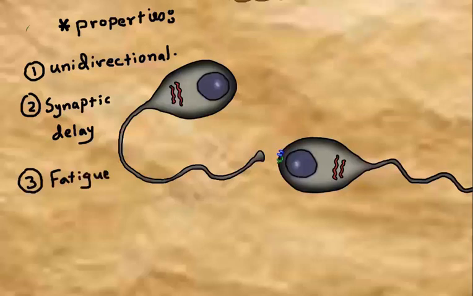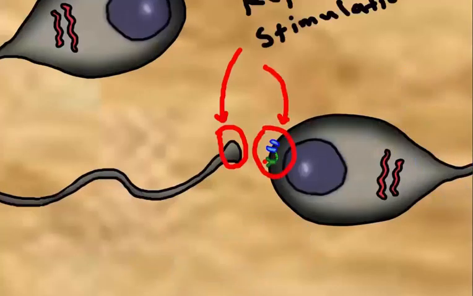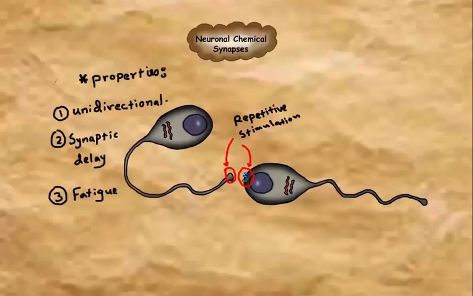The synaptic fatigue. After repetitive stimulation, the vesicular stores in the presynaptic neuron are depleted, or the receptors on the postsynaptic neuron are inactive, so no synaptic transmission will occur at this time, and this is called synaptic fatigue.